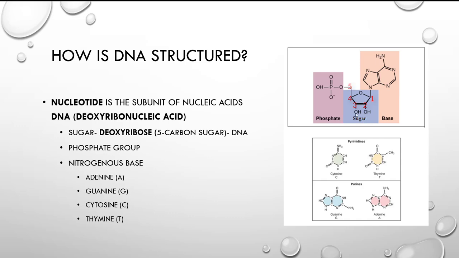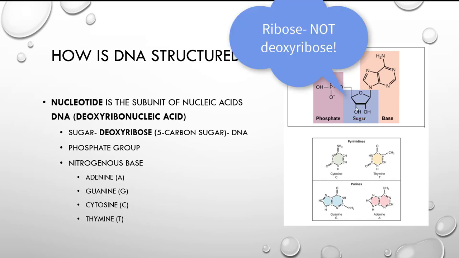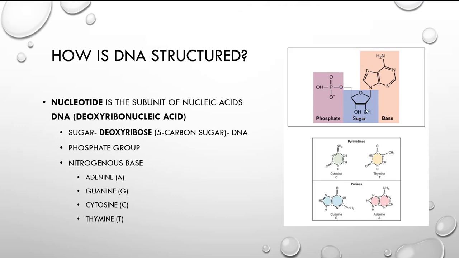Okay, and you can see that in this case, actually, this isn't deoxyribose. This one's actually ribose for some reason. I don't know why they put an RNA sugar here. Wow, that's really interesting.